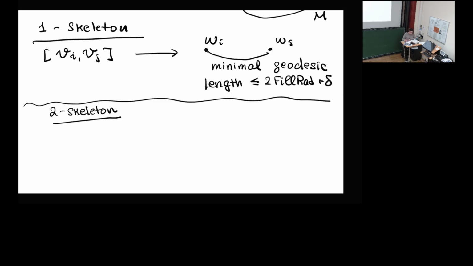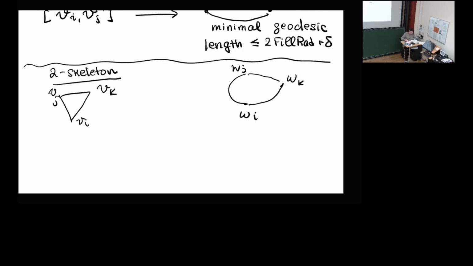Yeah, so we're going to go to the 2 skeleton, and in the 2 skeleton, we're going to have something like this. And we know where it's mapped, right? It's mapped to a curve that connects Wi with Wj, Wj with Wk, and Wk with Wi.